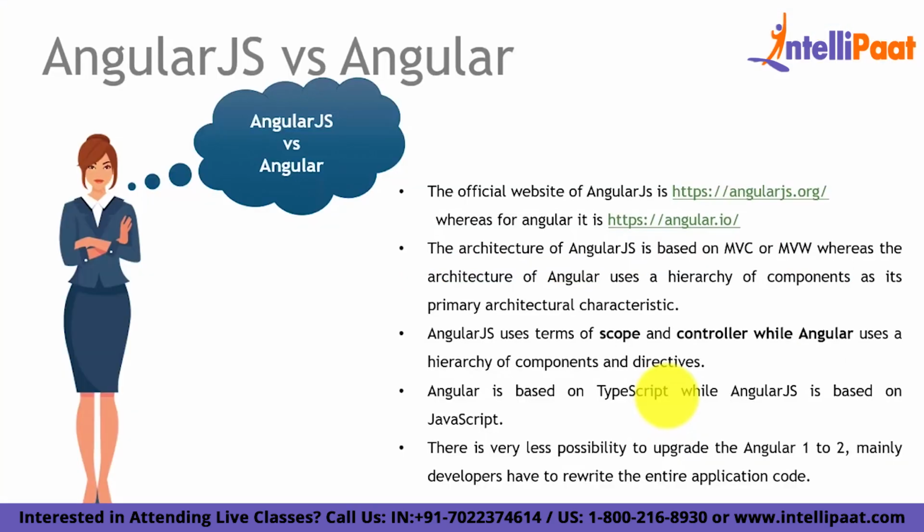Now we'll talk about the differences between AngularJS and Angular. The very first difference, as we saw, is the website difference. Next, the architecture of AngularJS is based on MVC or MVW, meaning it is based on model view controller, or model view whatever. Whereas the architecture of Angular uses a hierarchy of components as its primary architectural characteristic.